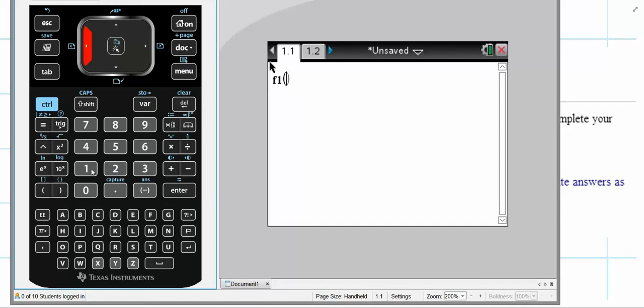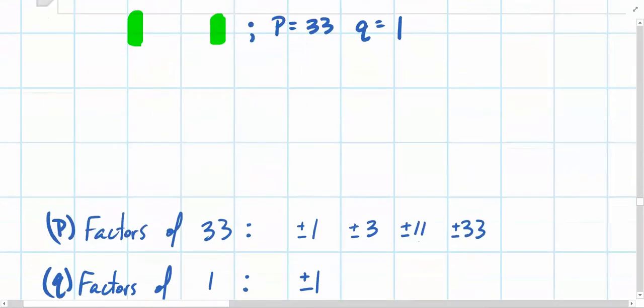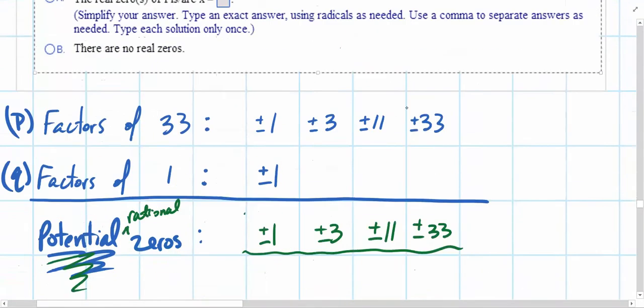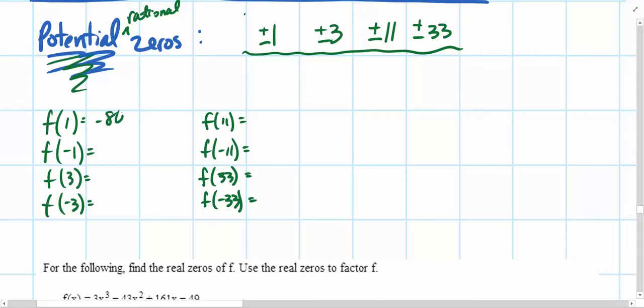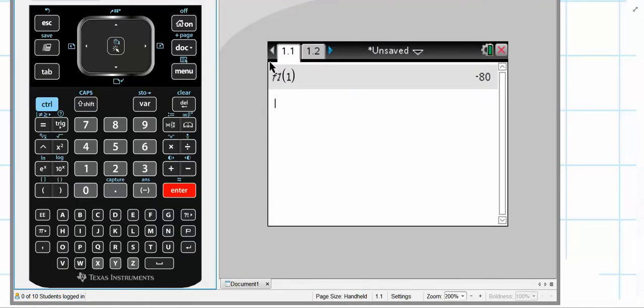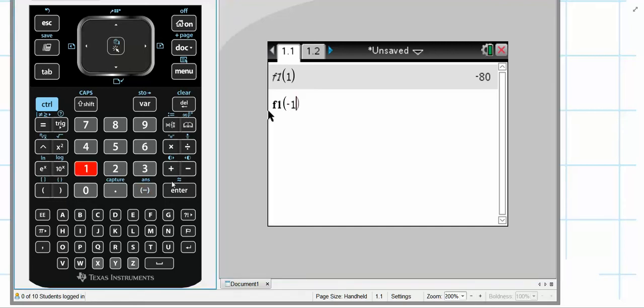So the first number I want to check is the number 1. The function evaluated at 1 is equal to -80. And so it doesn't equal 0. That tells me that we do not have a 0 at this location. I need to check the next one. So I will do the same thing, call upon the variable f, and evaluate this at -1.